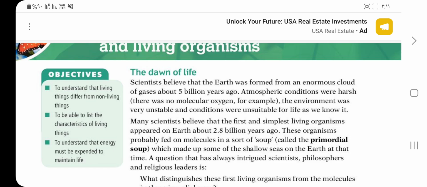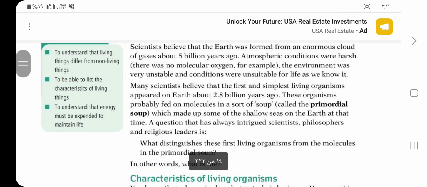There was no molecular oxygen, and the environment was very unstable, so conditions were unstable for life as we know it.